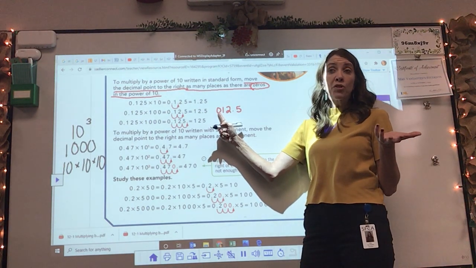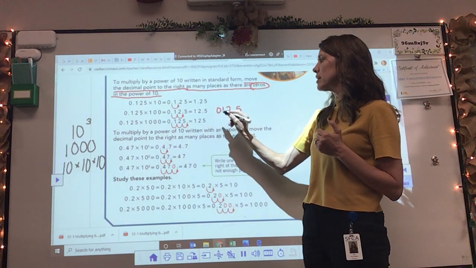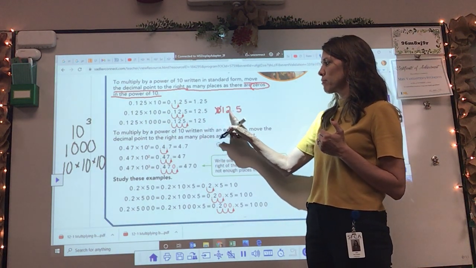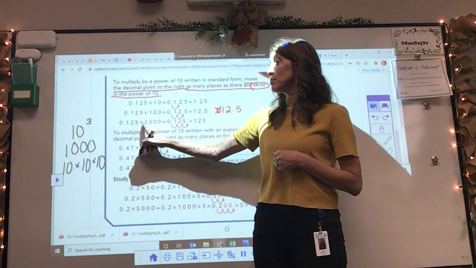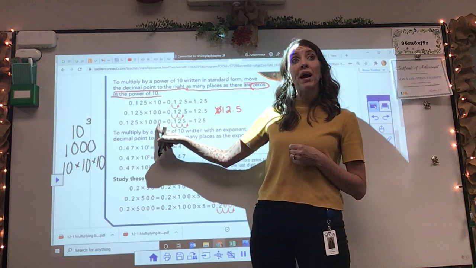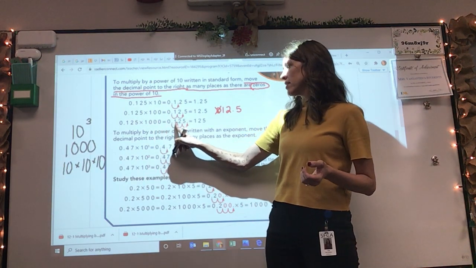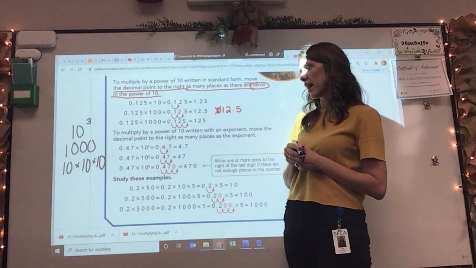No. Does it hold the place of something? No, because there's nothing in front of it. So you don't ever need to put a 0 in front of a whole number like that. Here you have 125 thousandths times 1,000. How many spots will you move the decimal to the right? 3. 1, 2, 3. And then you get 125.